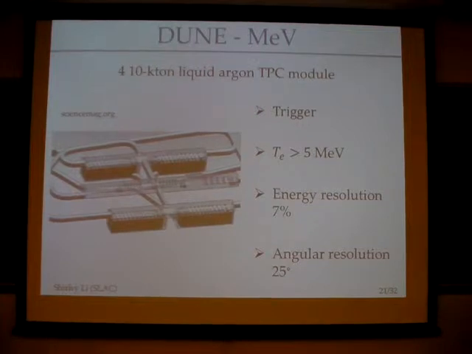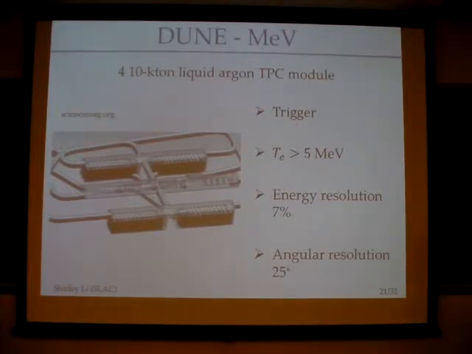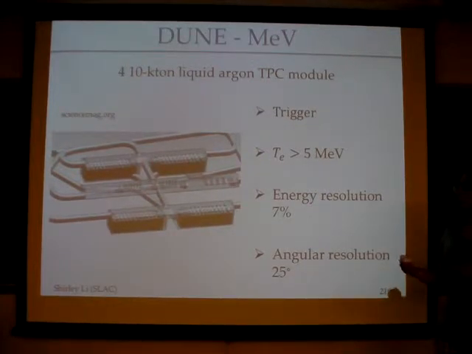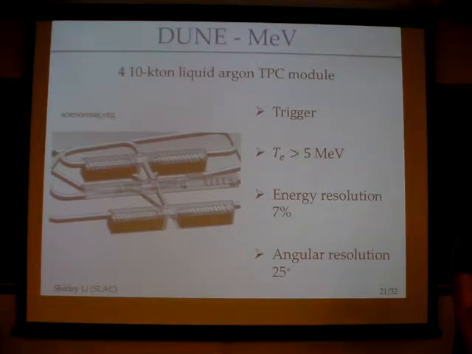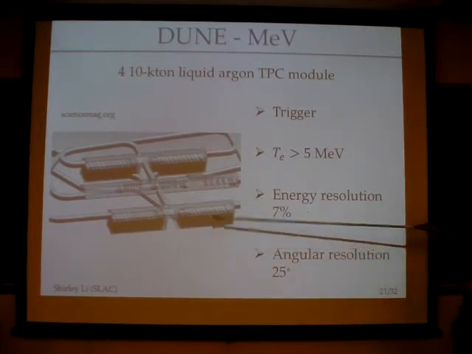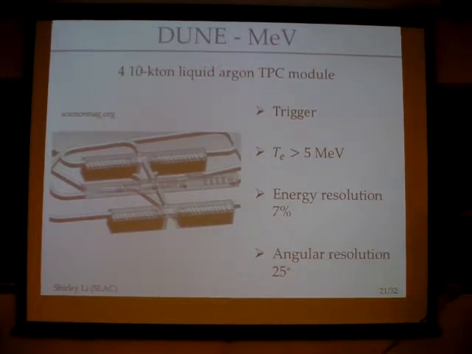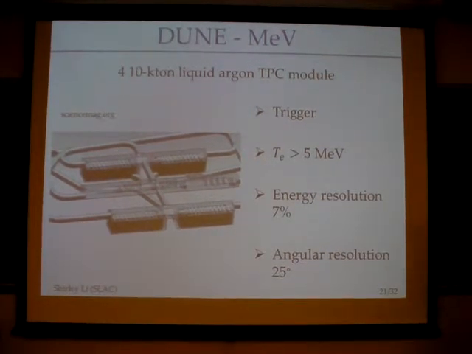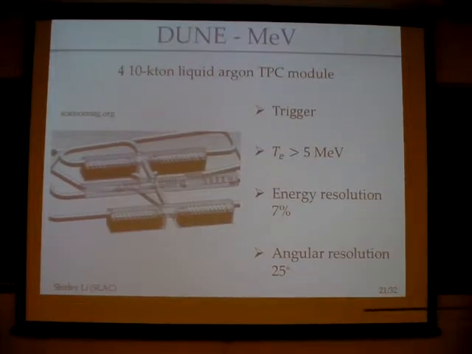It's very exciting because it is gigantic. It is 40 kilotons of liquid argon that detects charged particles. And practically it's actually four 10-kiloton modules that will go in one by one. So for our purpose, we will not go into how the detector actually works, and we'll only rely on these assumptions. And actually we'll talk about these assumptions later on.